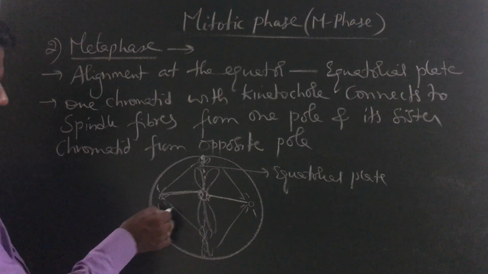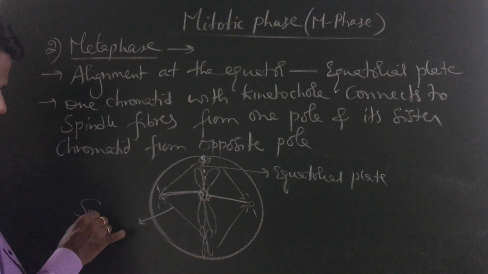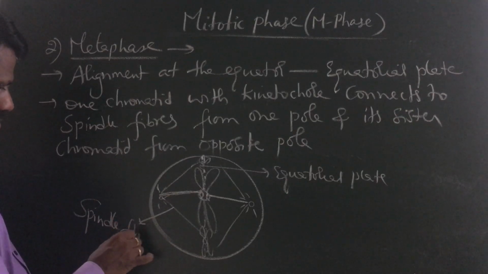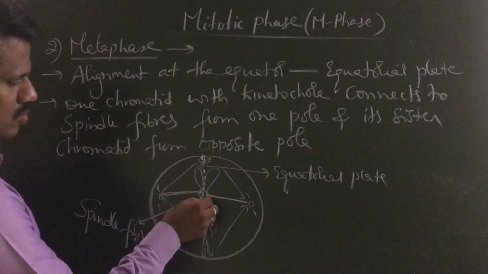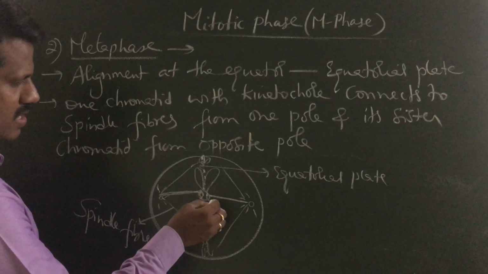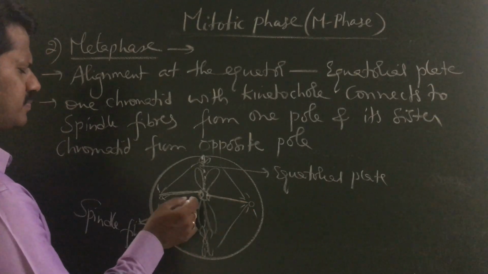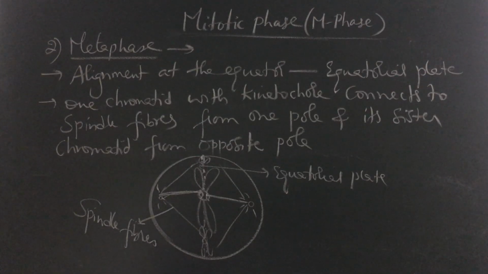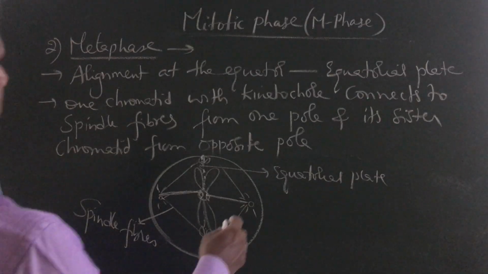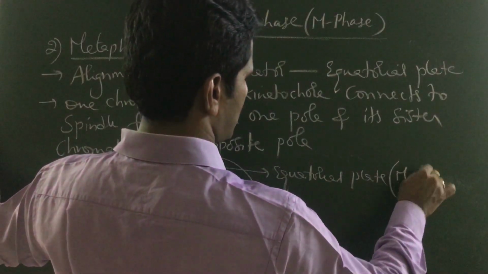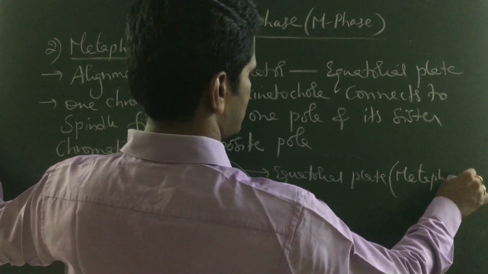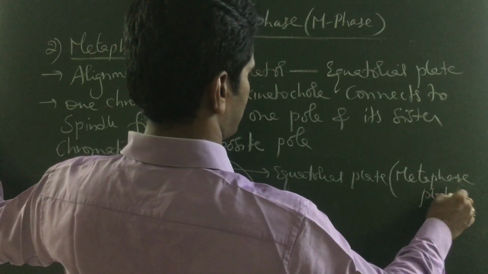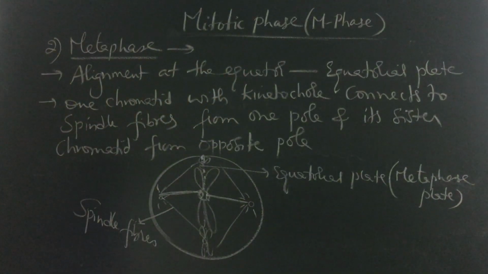This is the spindle fiber, and these are called kinetochores. This is the equatorial plate, which we also call the metaphase plate. So this happens in metaphase.